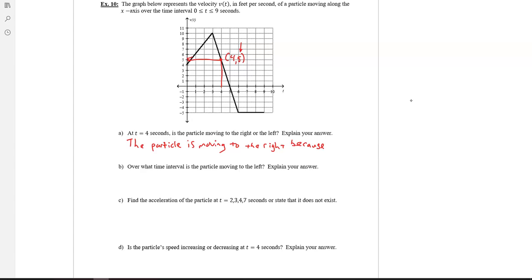The particle is moving to the right because... Any ideas, Adam? Silence. Okay, we'll go to someone else.